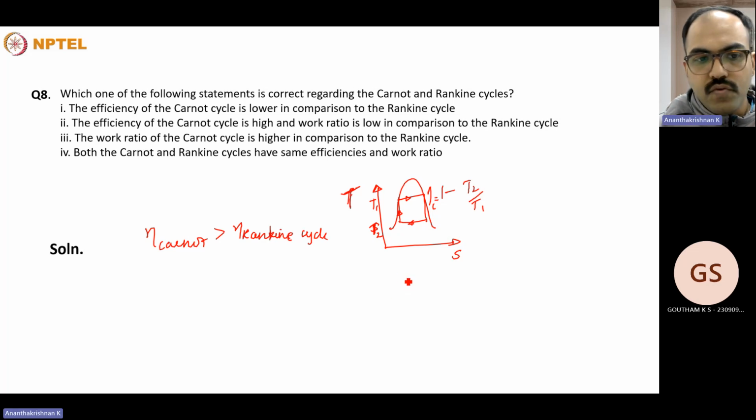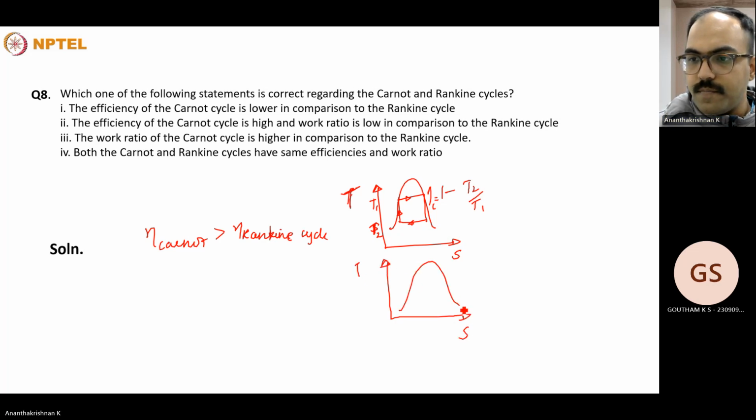And in the case of the Rankine cycle, if there is a vapor dome, the maximum temperature at which the heat is added will be T1, and it's a constant pressure heat addition process. And the lowest temperature of heat rejection will be T2.